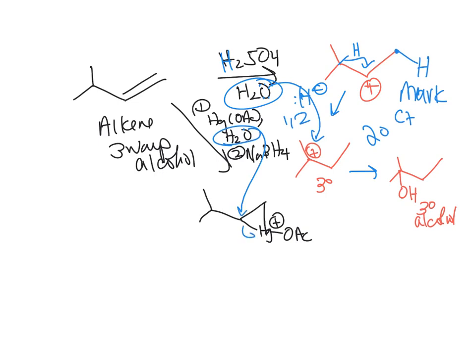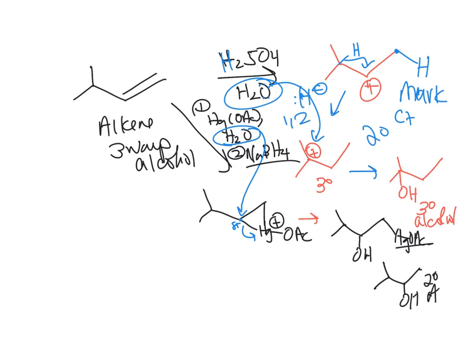It's going to open from the more substituted carbon, and that's going to give you the mercury acetate and then the water. And you can go ahead and deprotonate that, and with sodium borohydride you could replace the mercury, and that's a secondary alcohol, and that's actually your answer for this problem.